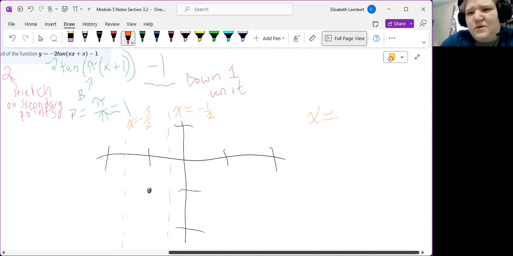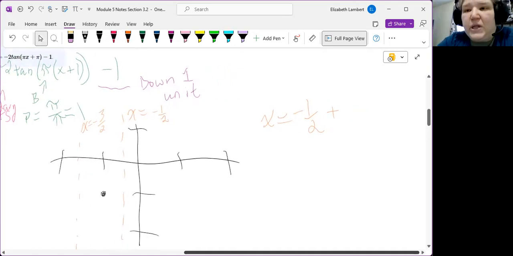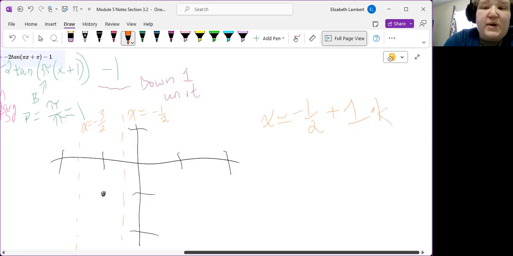So here, -1/2, but you could also write it starting at -3/2. That part doesn't matter. Plus, now I have to figure out how far apart those are. They are apart the length of the period. So -1/2 plus 1 would bring us to +1/2, or -1 would bring us to the -3/2. So this is our asymptotes.